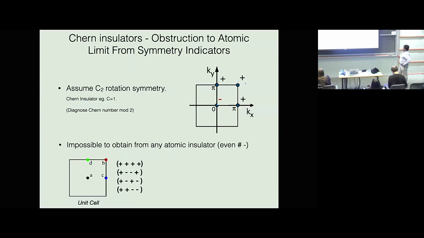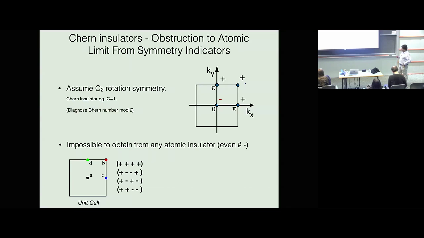You can go to certain momentum points in the Brillouin zone which are invariant under that rotation. For example, the gamma point or these high symmetry points, and you can label them by the symmetry eigenvalues for rotation, plus or minus. And for a single band, you may find this kind of assignment, and it turns out that this is really a fingerprint of a Chern insulator.